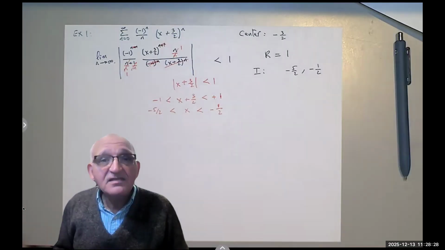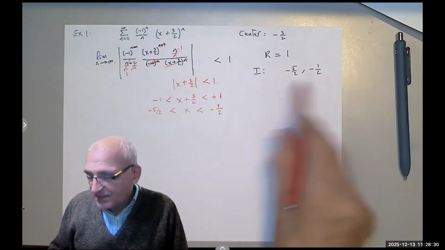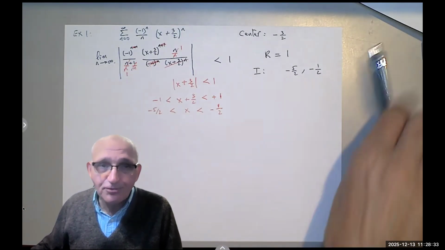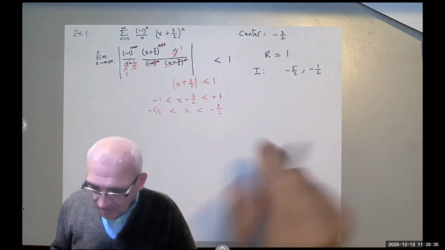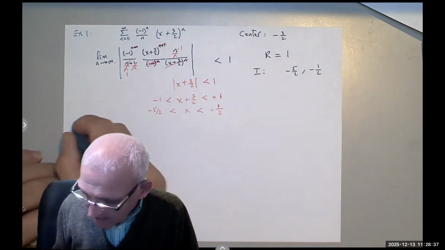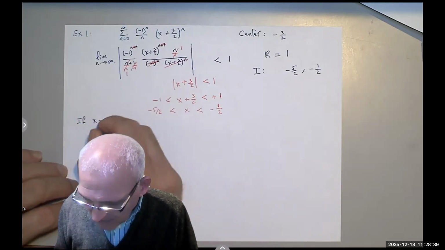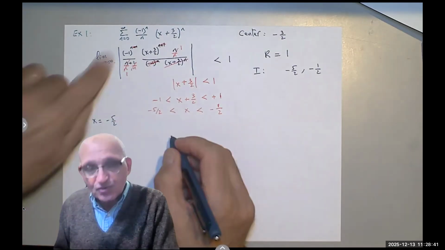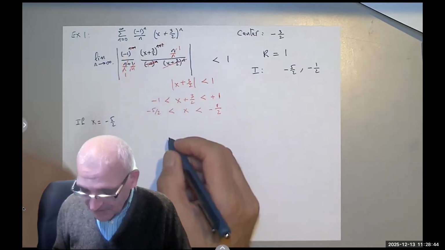The only thing remaining now is to find, do I use parentheses or brackets? So we check. If x equals -5/2, let's go to our original power series.